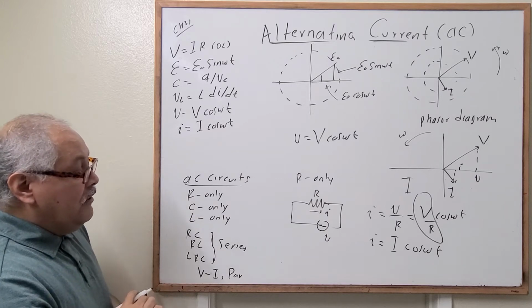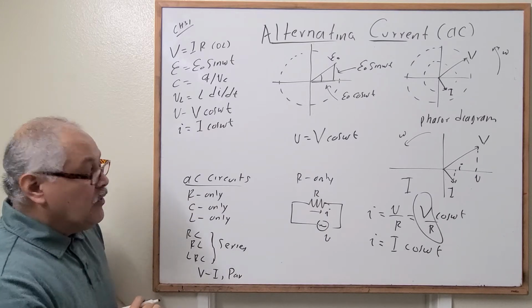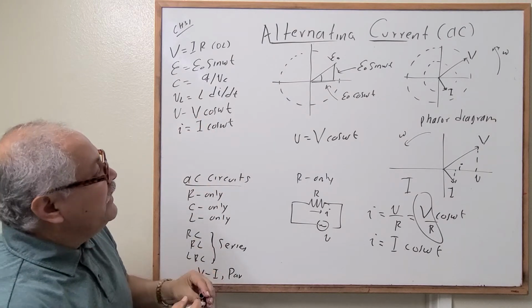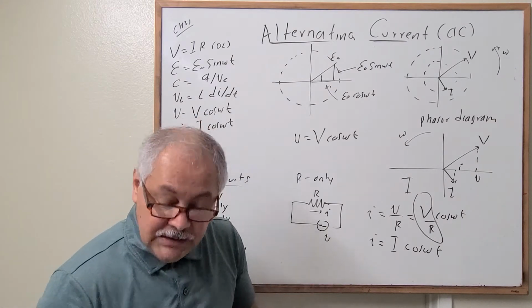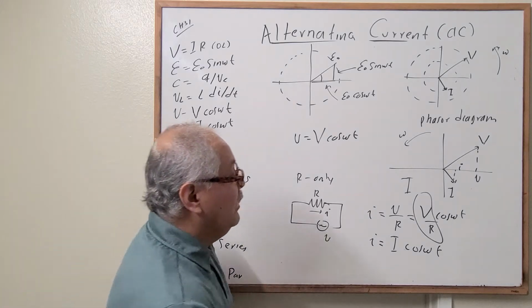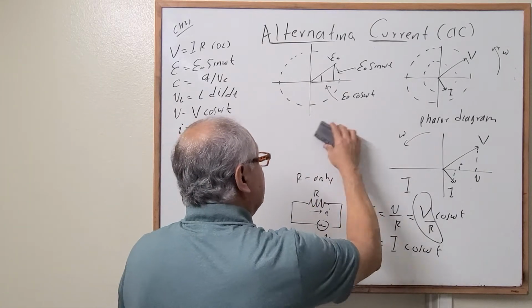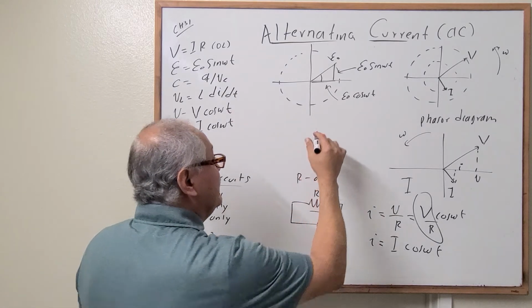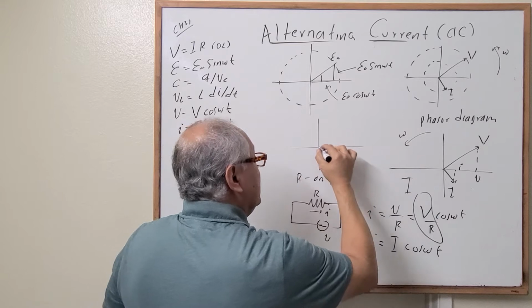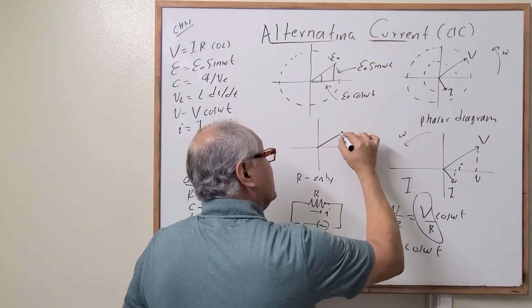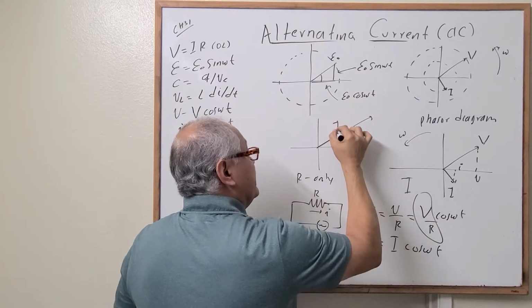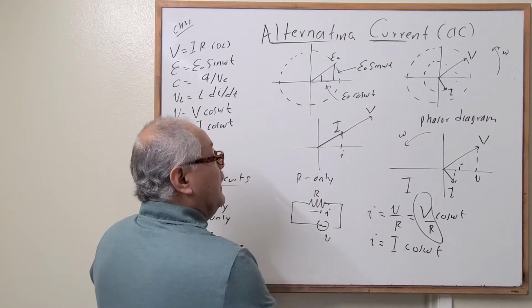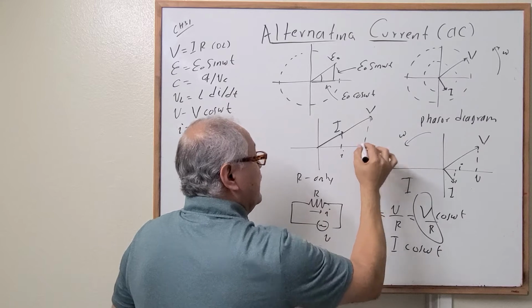Correct. Now, let's see. We found the relationship between these two. As you can see, these two quantities are in phase. What should then be the phasor diagram? Well, the phasor diagram for this circuit, which is only a resistance, is going to be in this way. So this is going to be the current, this is going to be the voltage, for example. And this is the instantaneous current, and this is the instantaneous voltage.